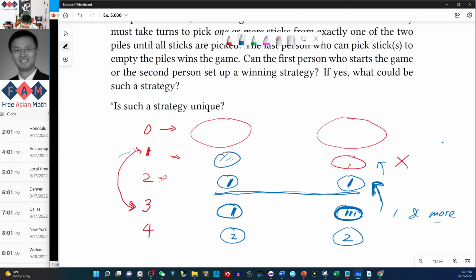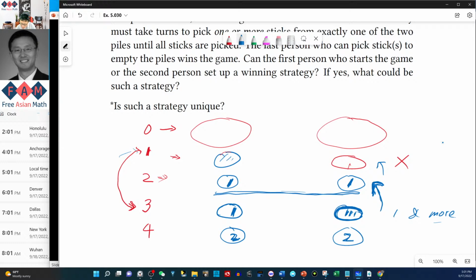But the losing guy definitely wants to avoid such a situation in the first place. But he had no choice to create this situation, 1 and more. Why? Because he actually faced a situation that must be 2-2.